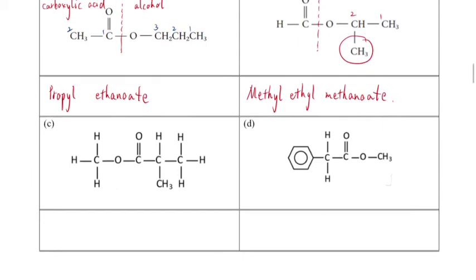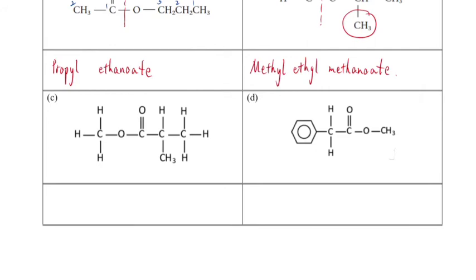Then the next example here, again break it into 2 parts. The left hand side comes from the alcohol, which only has 1 carbon in it, so it will be methanol. On the right hand side, let's number the carbons. Carbon 1, 2, and 3.